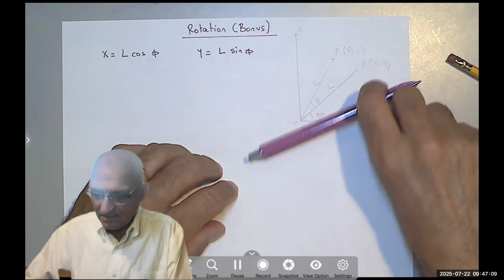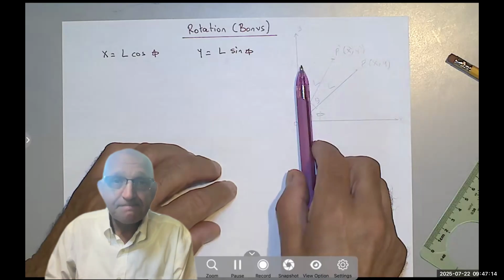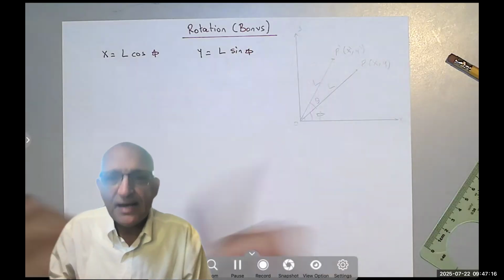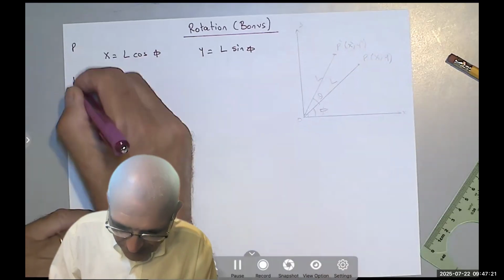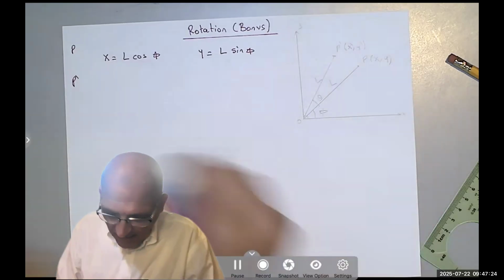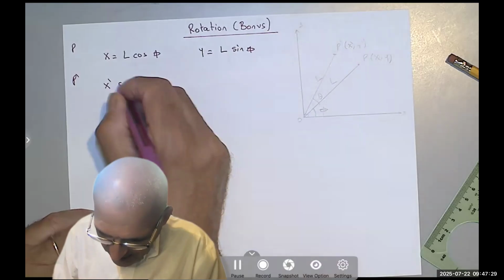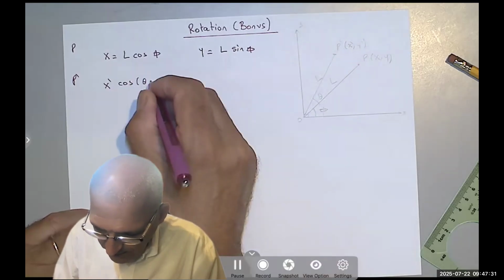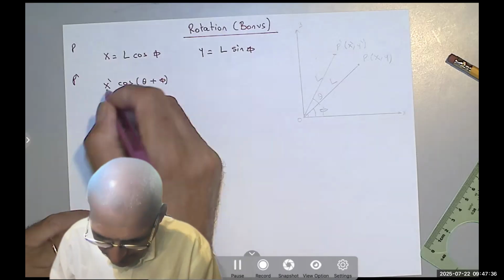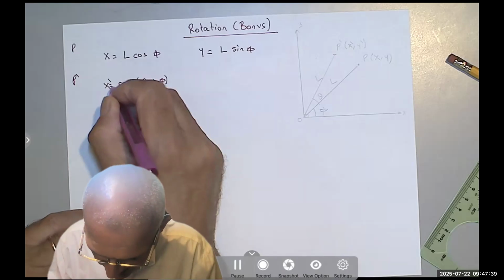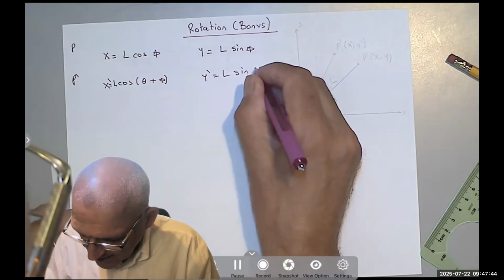Adjacent is cosine, X, opposite is the sine, or Y. But what about the coordinates of P prime? So this is point P. For P prime, I can say that X prime is L cosine theta plus phi. And Y prime is L sine theta plus phi.